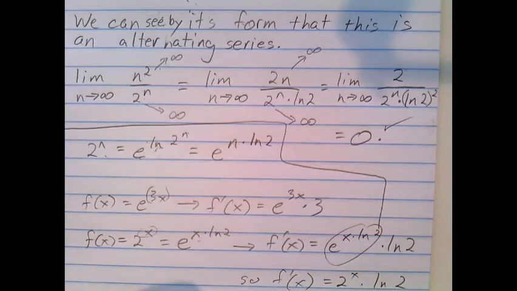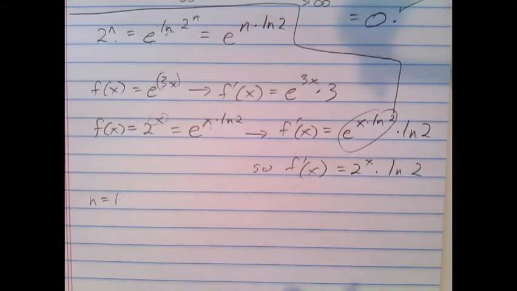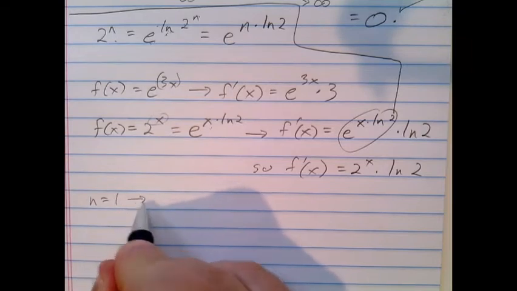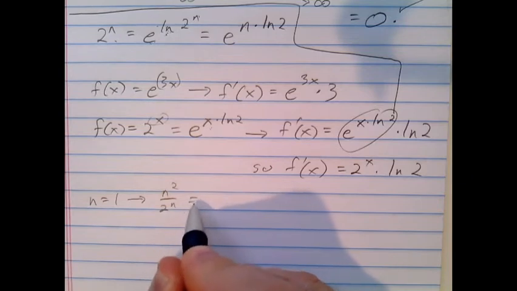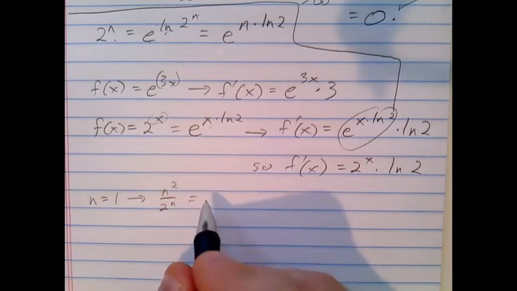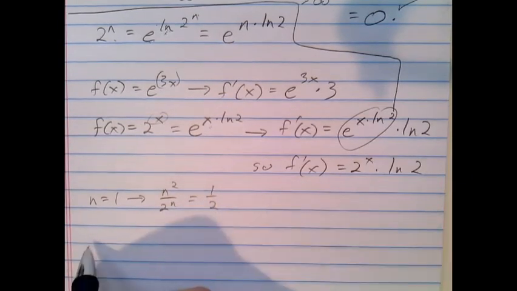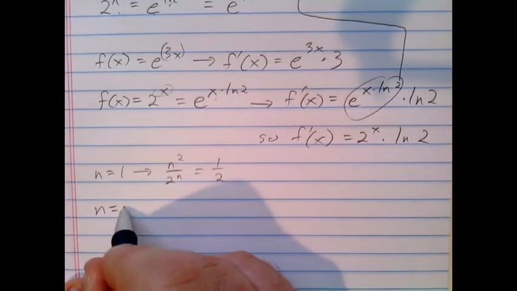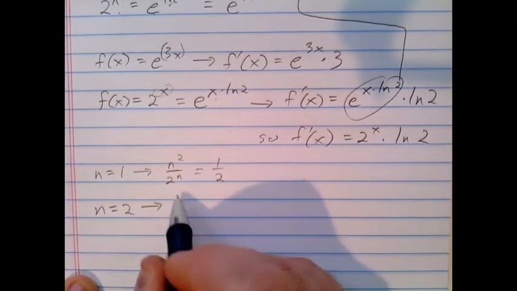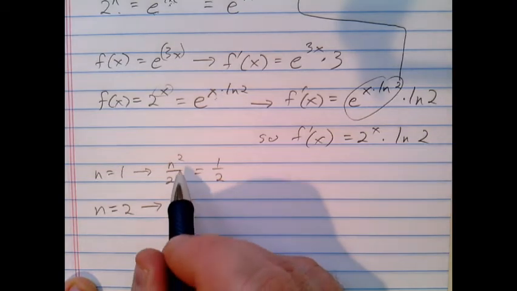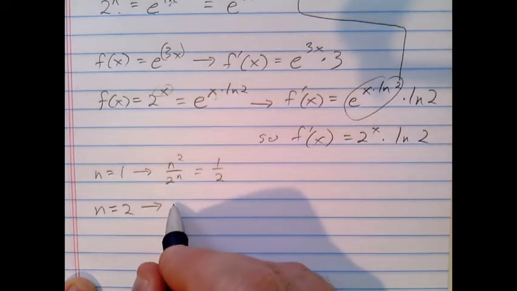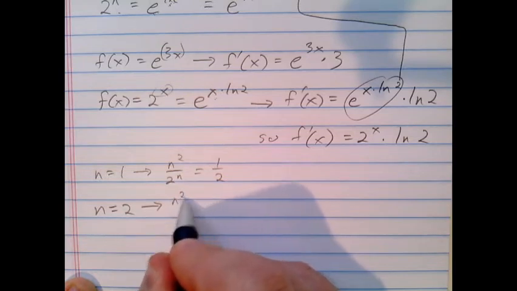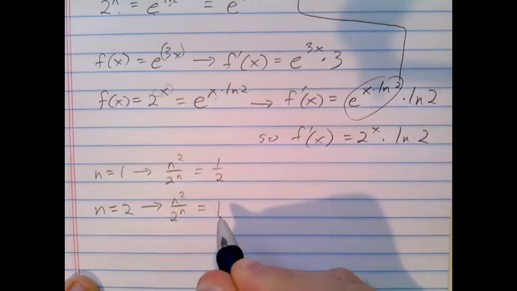Let me see, when n is 1, n squared over 2 to the n would be 1 over 2 to the 1, so it'd be 1/2. When n is 2, n squared over 2 to the n would be, 2 squared is 4, 2 to the 2 is 4 again, so 4 over 4 is 1.